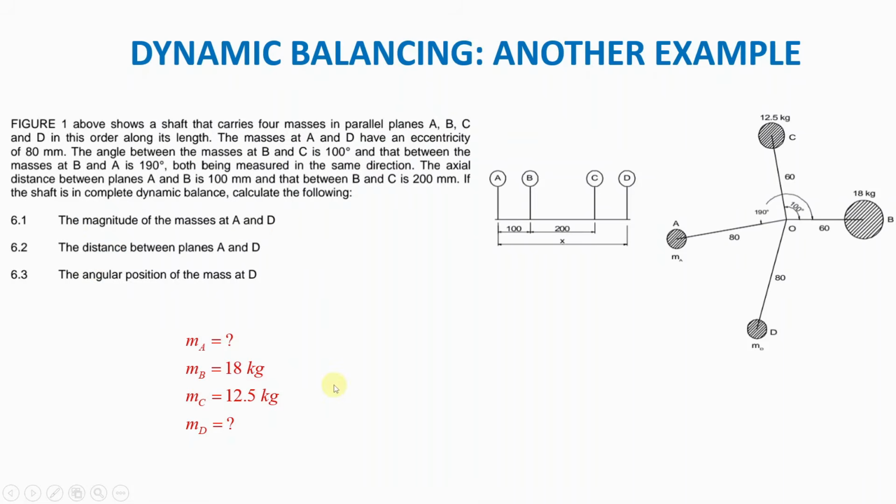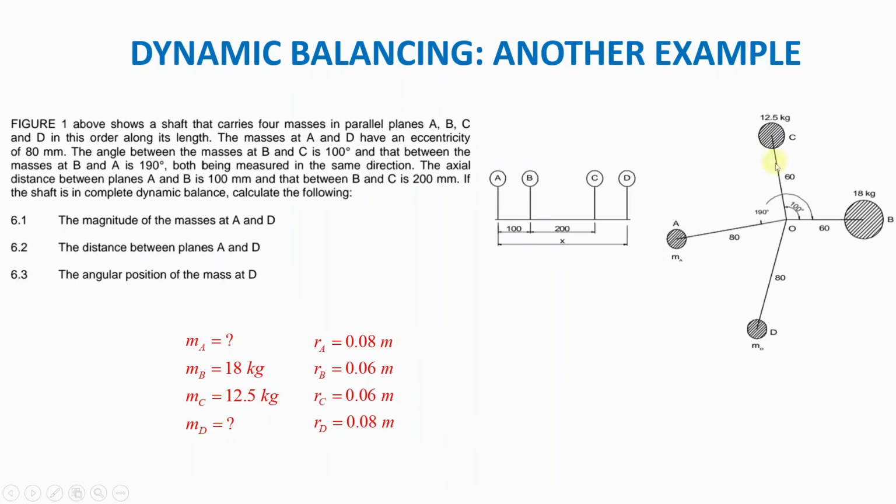Secondly, we also have the radial distances or the eccentricities for A, B, C, and D. These are what you see here. Of course, I have changed everything to meters because we work with SI units. The eccentricity of A is 80 millimeters, so 0.08 meters, and the eccentricity of D is also 0.08.